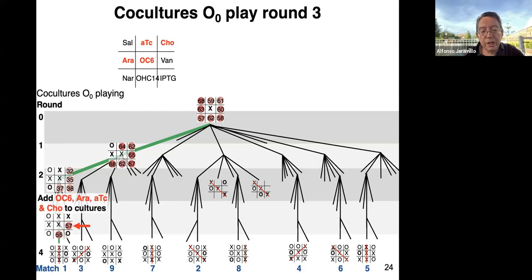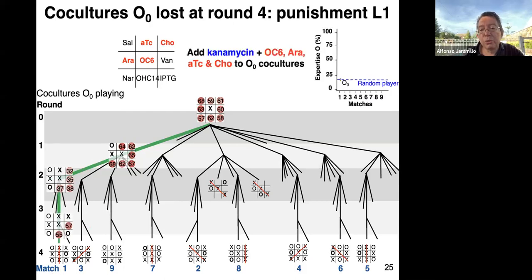And then when it loses, we apply kanamycin. And then we compute the expertise. We call expertise just this: we do a simulation to see, with the current weights of the system, how many games it would win if it plays against a random player 100,000 times. So you get a really accurate value of the expertise.